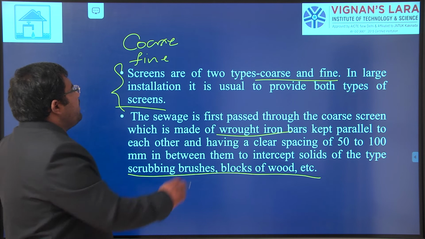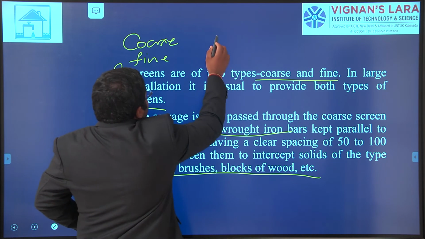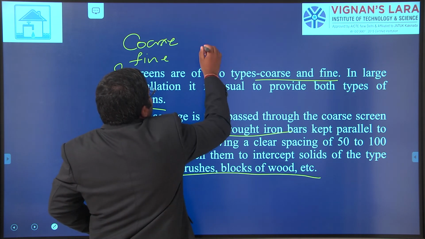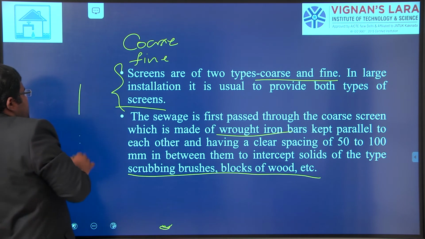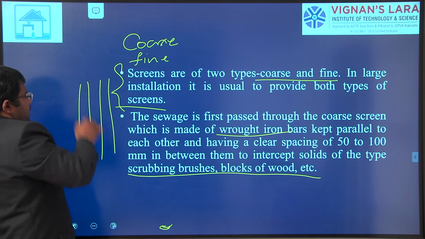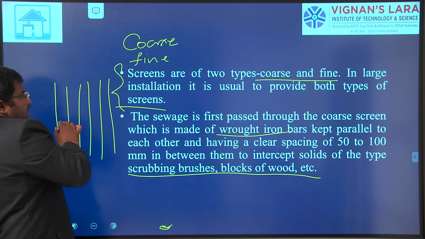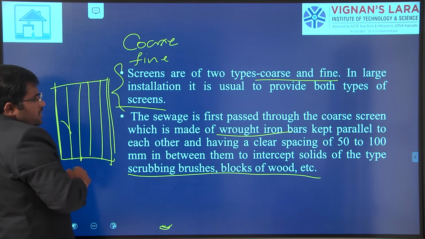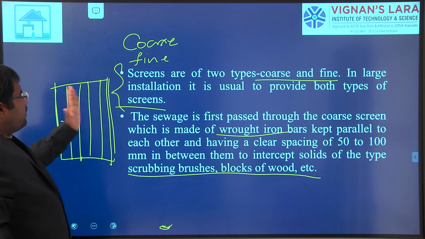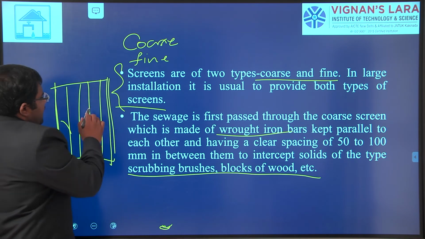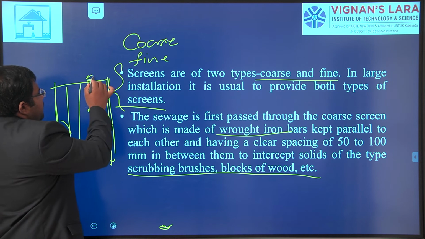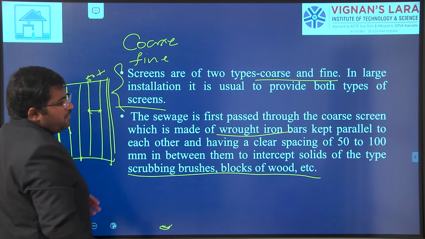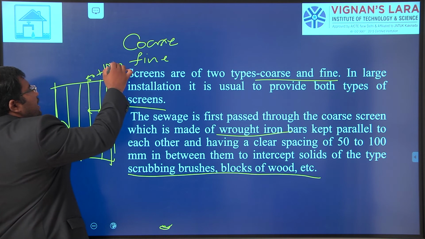Right. So if you are going to see the screen now, it will look like this. These are the wrought iron bars, which are kept parallel to each other and having a clear space of 50 to 100 mm.